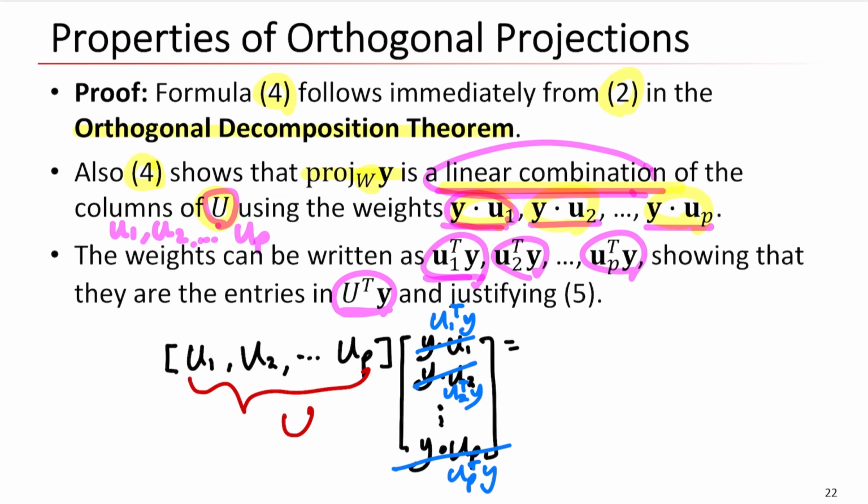And this one is just U transpose Y here, right? So in other words, this linear combination can be represented by matrix U times U transpose times vector Y here.